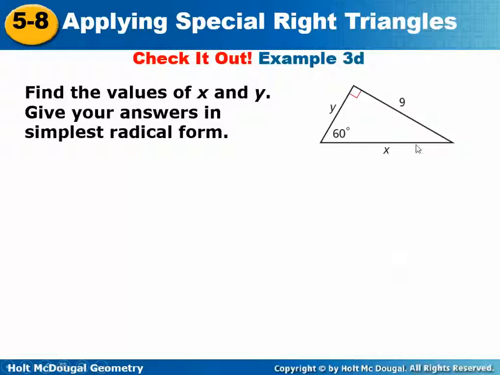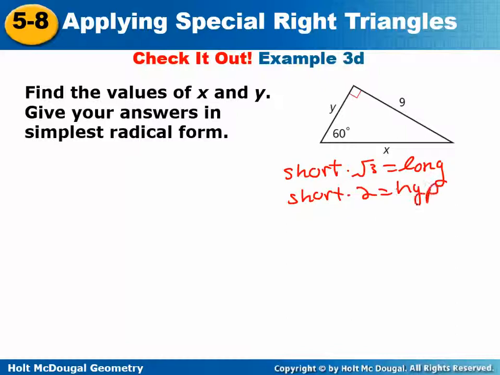In this one, we're given the long leg. So it doesn't really matter. Let's just remember again. We have the short leg times the square root of 3 equals the long leg. We know that the short leg times 2 equals the hypotenuse. So this time I'm given the long one, so I have to use this equation. So the short leg, which is y in this picture, times the square root of 3 equals 9.